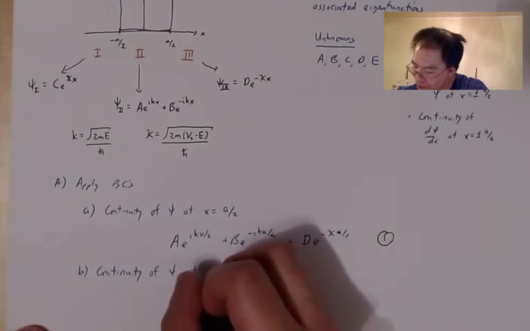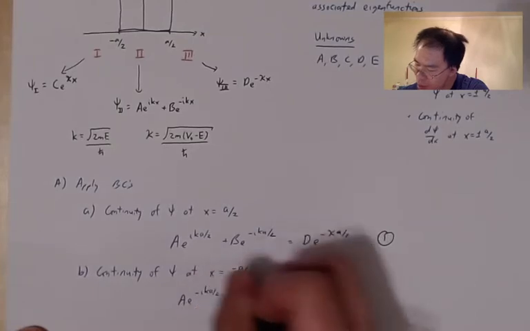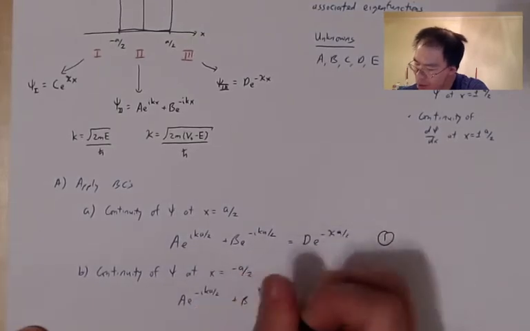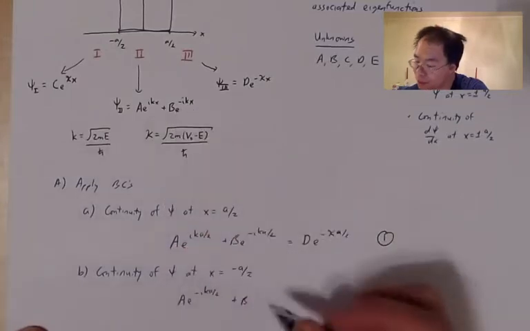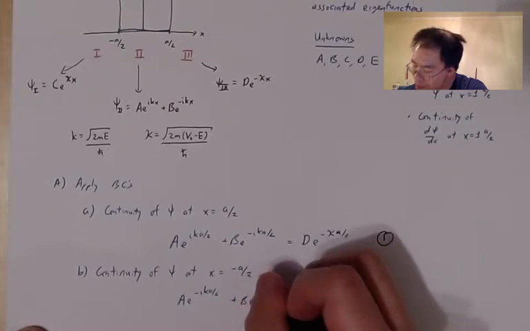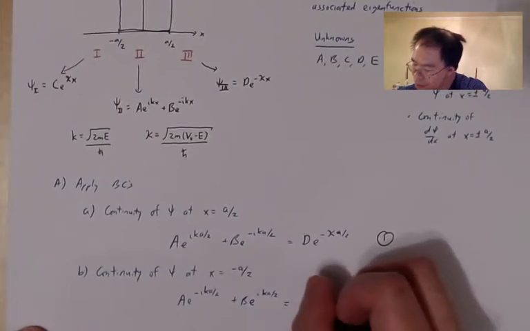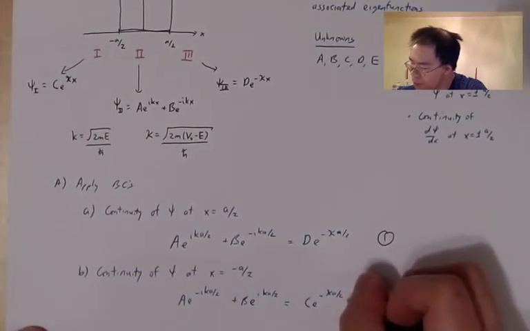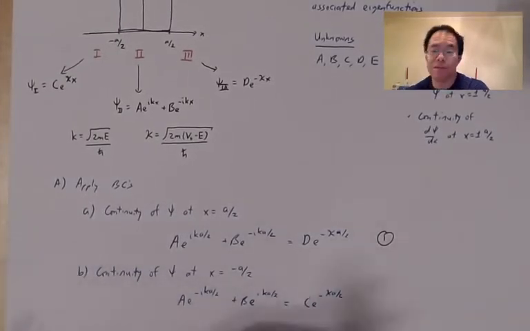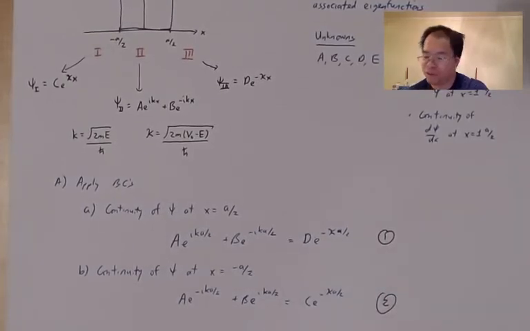Similarly, this gives us A e to the minus i k a over 2 plus B. This time when I plug x equals minus a over 2 here, the minuses cancel in the exponent, so I have B e to the i k a over 2. And that all equals C e to the minus kappa a over 2. Again, this will be useful to have a number to refer to, so I'll call that equation 2.